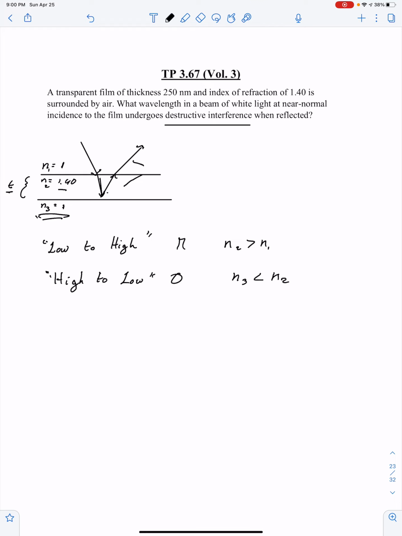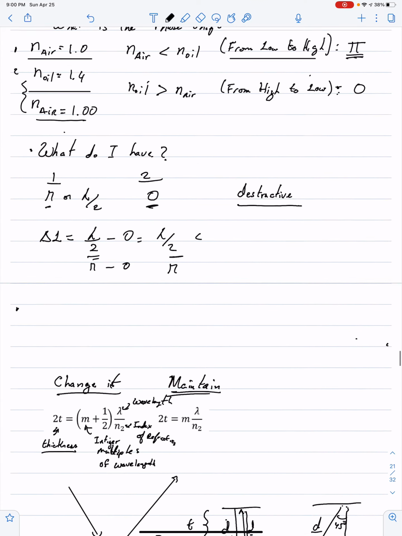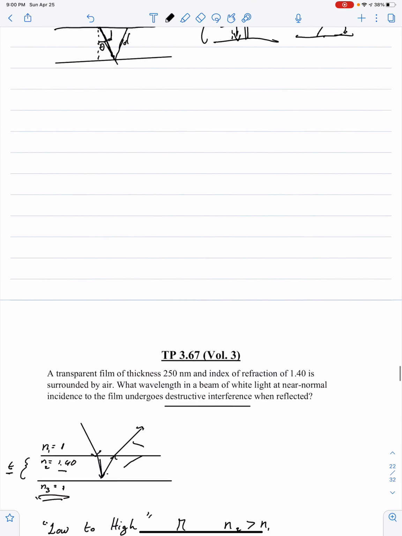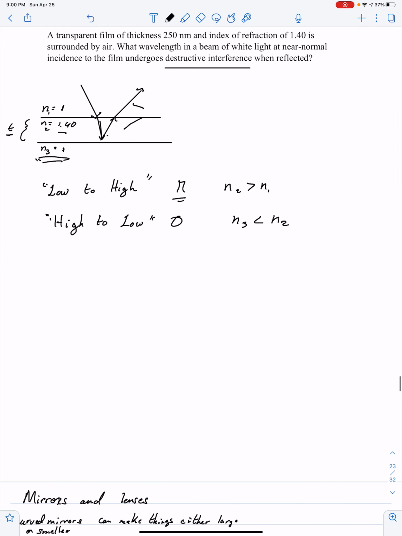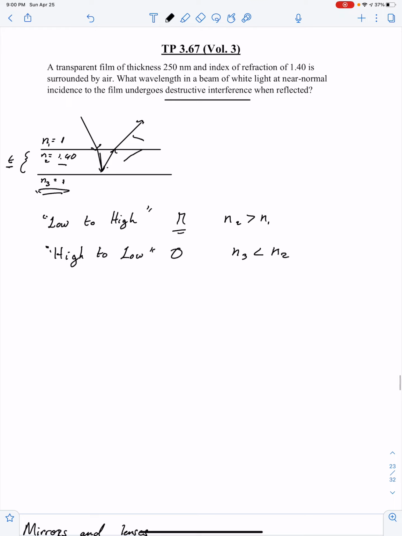Therefore, we have a destructive interference, because it is the same example that we were talking about in this one. We have pi over here, so it's destructive. But it is not asking us to change it to constructive interference. Therefore, we can continue using 2t equals m lambda over the index of refraction of 2.